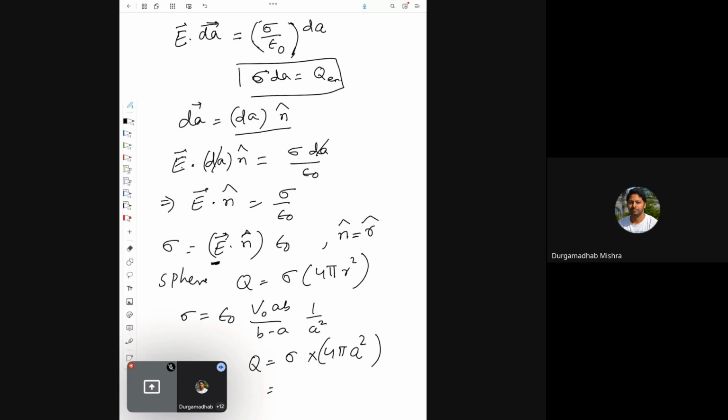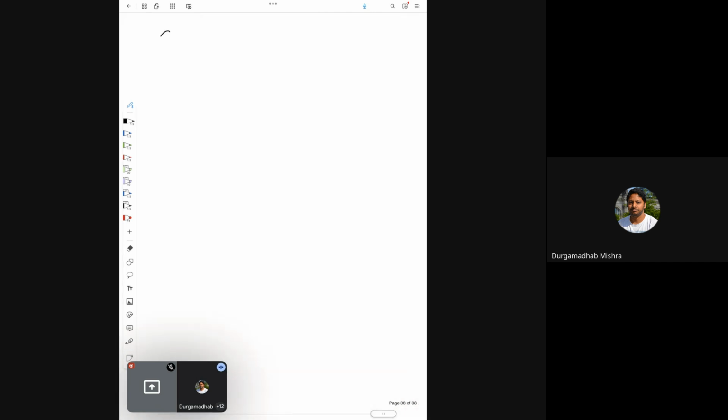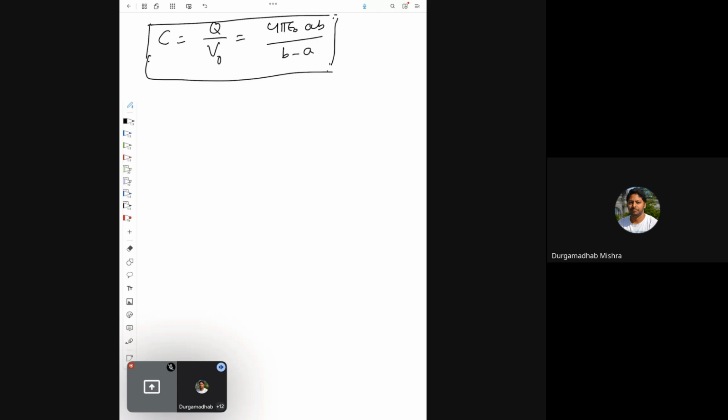What you will get is 4 pi epsilon naught V naught AB divided by B minus A. So we know Q, and we know V naught, so the capacitance will be equal to Q by V naught, which is equal to 4 pi epsilon naught AB over B minus A.